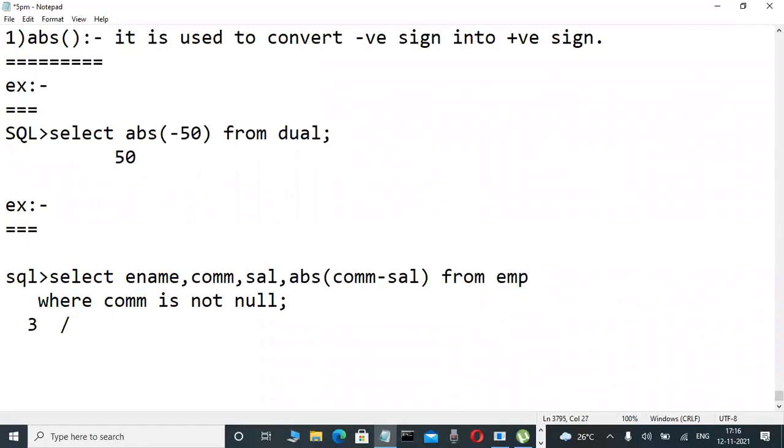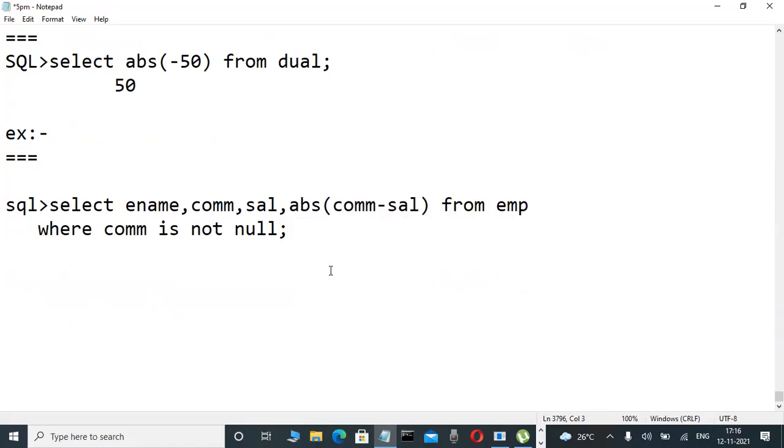That's better, after these functions, then merge is there, then DCL, TCL, so many things are there. Completed.